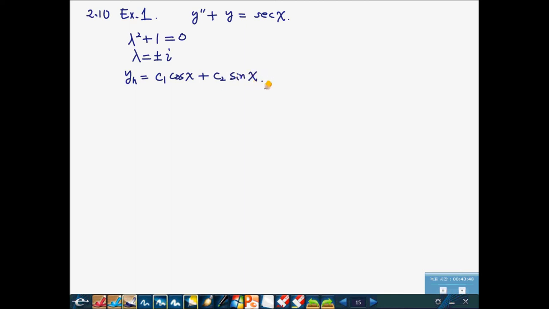Okay, that's how you do it. And we are ready for yP. So that's y1 and that's y2, right? So u times y1, which is cosine x, and v times y2, which is sine x. That's our yP.